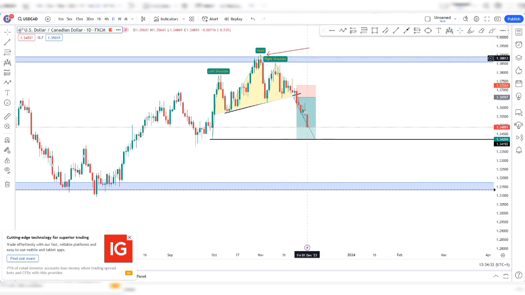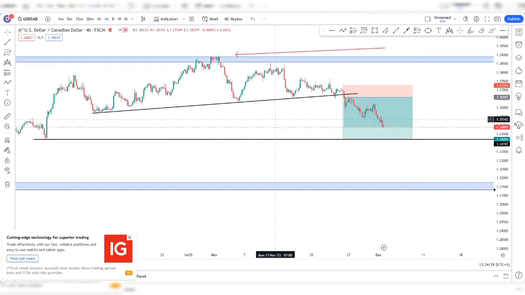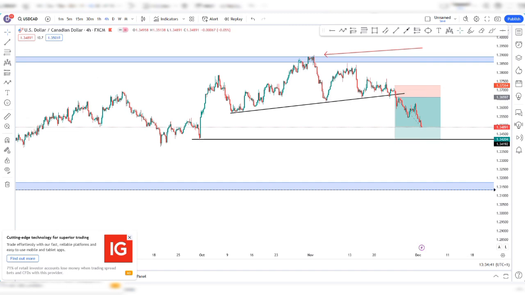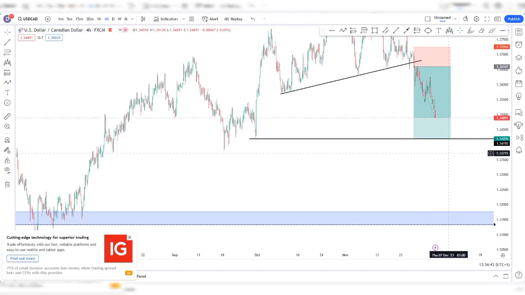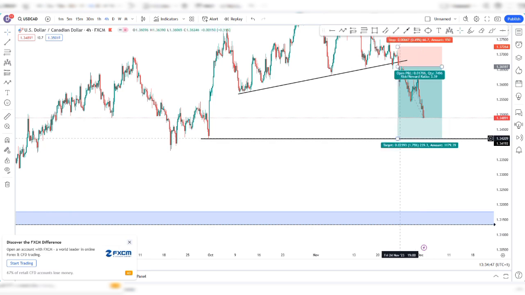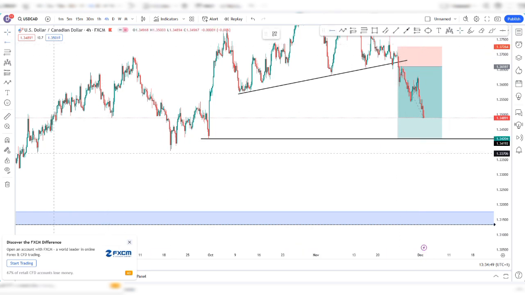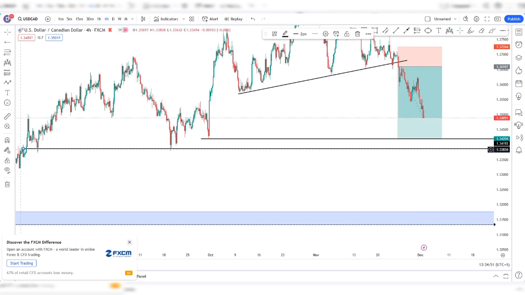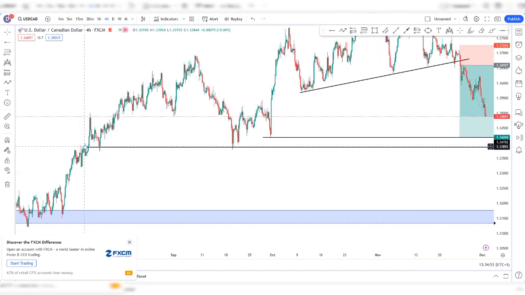So if we go down further to the 4-hourly time frame, you can see that is where I'm taking my trade, my take profit, right? And if we trace this, there is one here, and there could be another one here as well. As we can see, price testing it there.